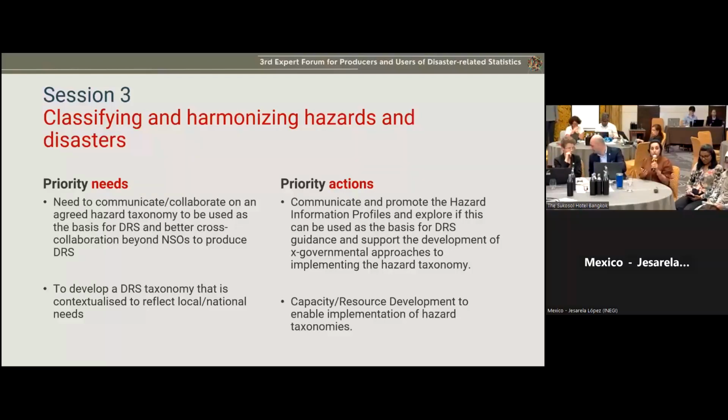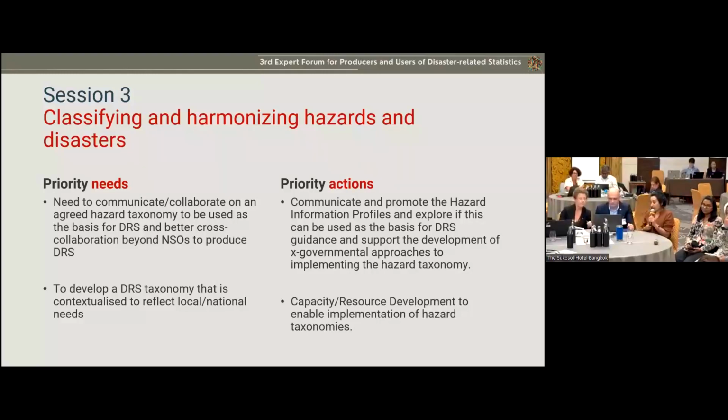So when we talk about disaster-related statistics, the collaboration must go beyond national statistical offices, because disaster-related statistics is a multifaceted approach. It's also a priority to develop a good disaster-related statistics taxonomy that's contextualized, so it can be used for both local and national needs.